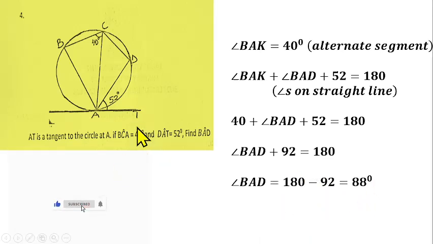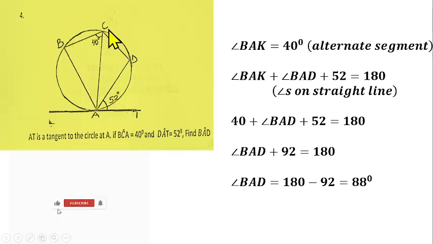So that is one method. Another method is that the angle 52 here is also equal to angle ACD, alternate segment. The angle here and the angle here are also equal, 52, alternate segment. So if that is the case, this is a cyclic quadrilateral.